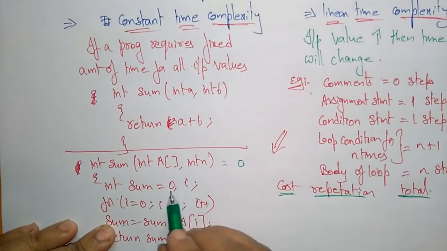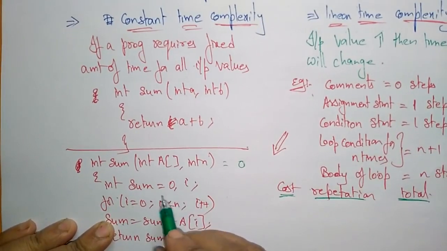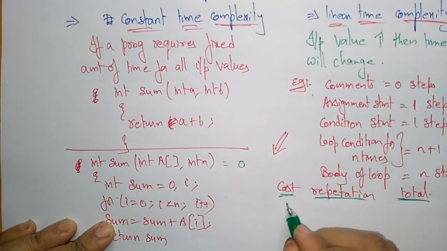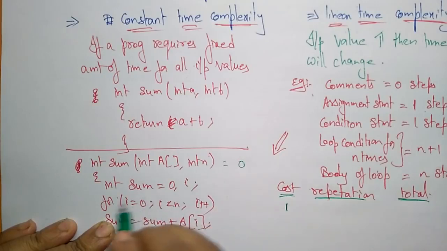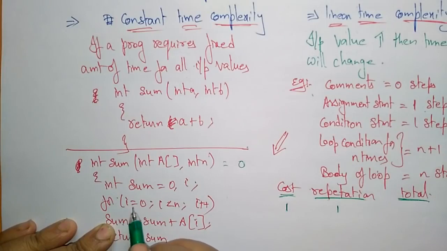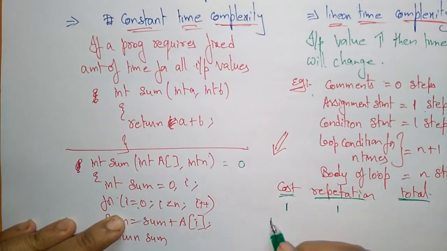For int sum is equal to 0, comma i, the assignment operation, what is that step? The cost is 1, and there is no repetition, so 1. For the for loop, for i is equal to 0, assignment is 1, i less than n is 1, and the iteration is 1, the normal cost.